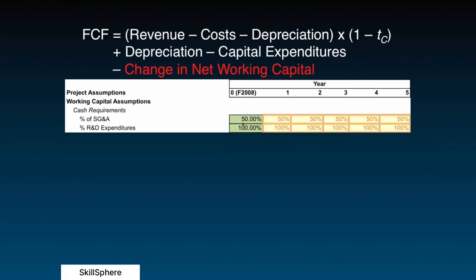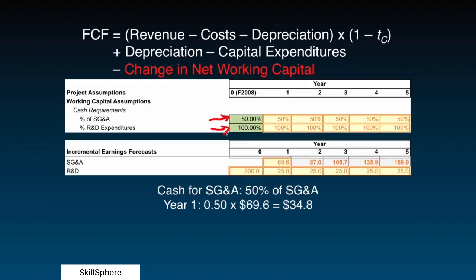We're going to require 50% of SG&A in cash and 100% of our R&D expenditures. So we're going to need our SG&A forecasts and our R&D forecasts to back out the cash requirements. Notably, for year one, we're going to need 50% of our SG&A expenditures, or $34.8 million, held in cash.